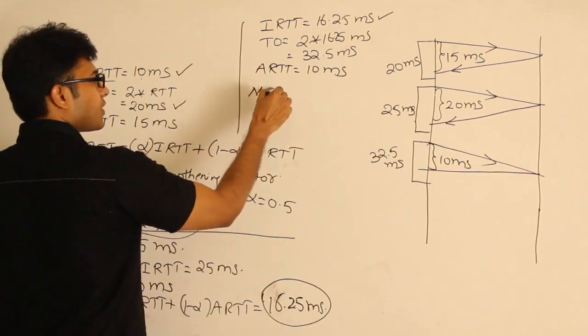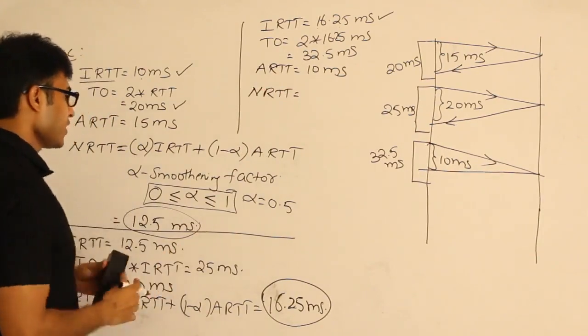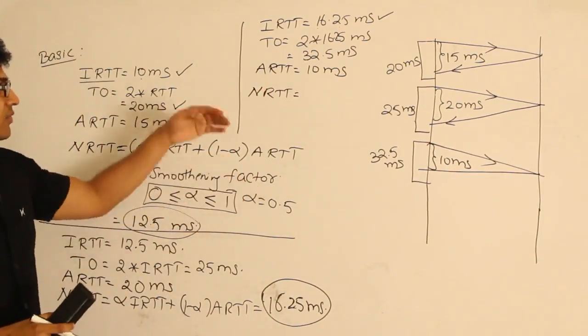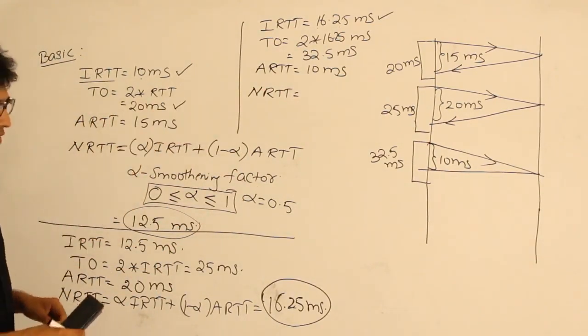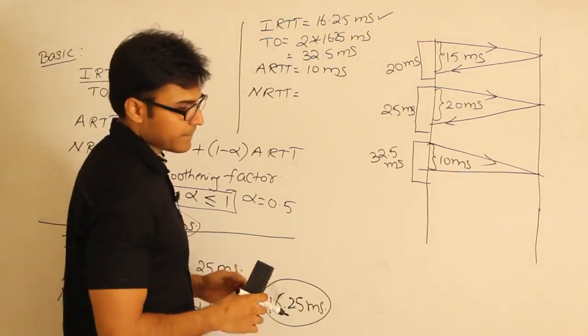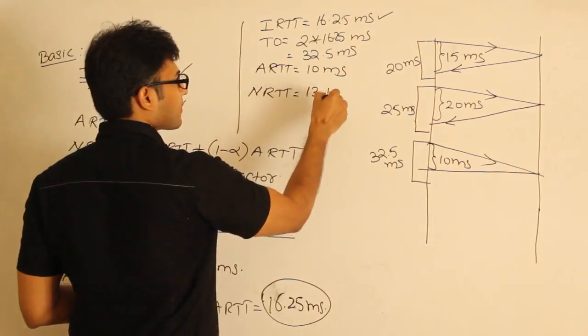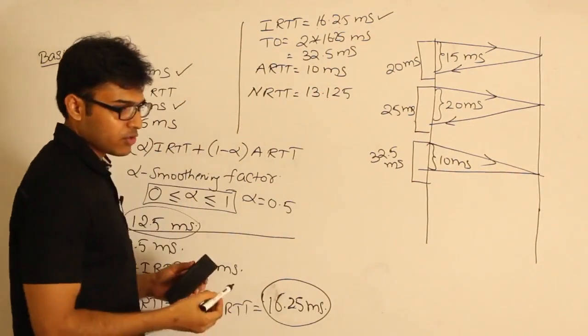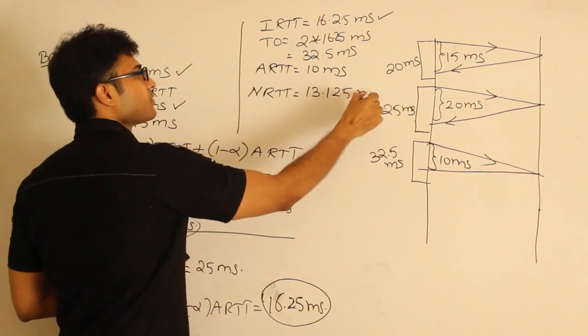Then if you find out NRTT with alpha equal to 0.5, once they have given alpha, fix it. So with alpha equal to 0.5, if you find out NRTT, you will find it to be 13.125 milliseconds, right?